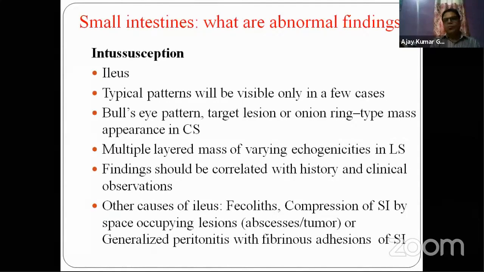So in most of the cases, if you can palpate the intussusception per rectally, that mass can be brought to the flank area and then it can be scanned. In those cases, you will find these patterns. Otherwise, the findings will only point towards ileus. The exact cause of ileus will not be known.